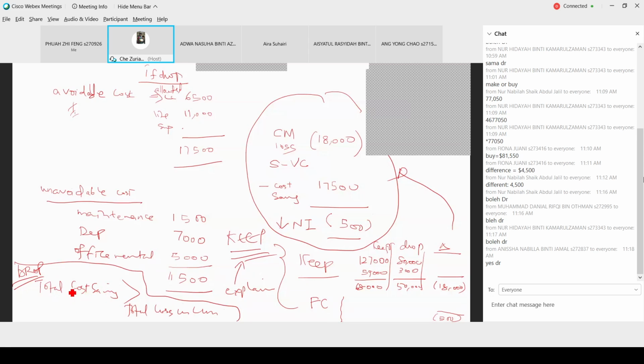If you want to drop, you must make sure that total cost saving is more than total loss in CM. But here, kalau you tengok total cost saving less than loss in CM. Cost yang you boleh selamatkan lebih rendah daripada cost yang you untung yang you tak dapat lah if you drop the department tu. Okay, so boleh tak? Tu the answer dia keep lah.